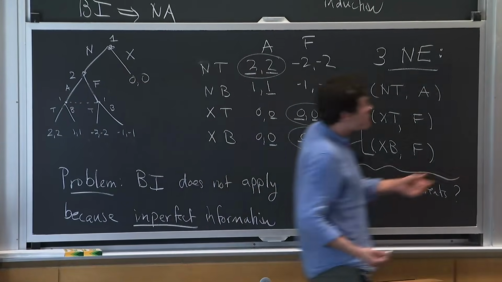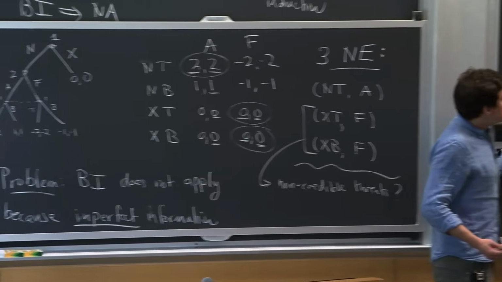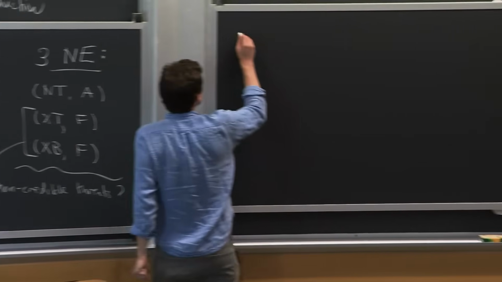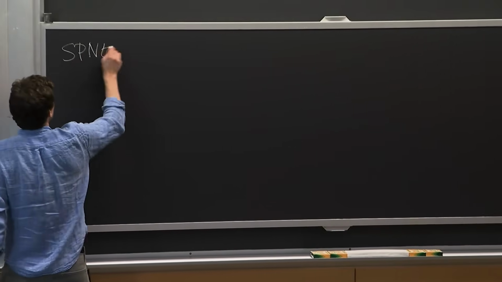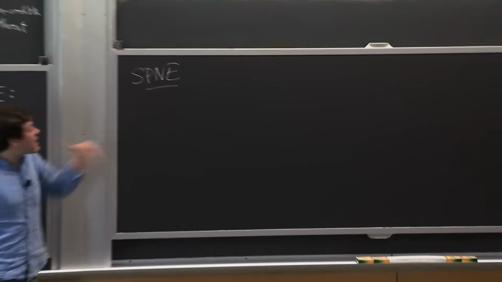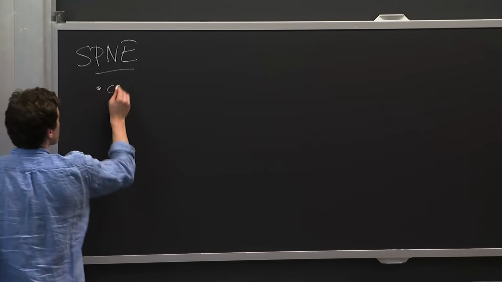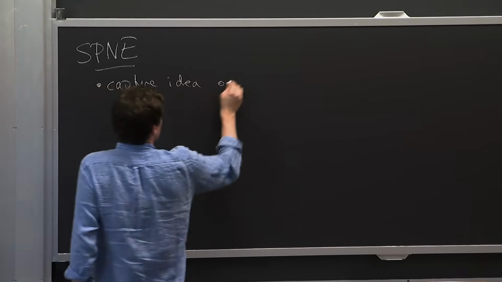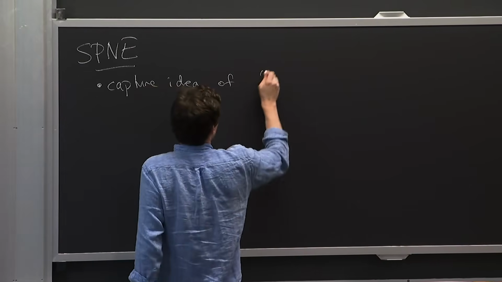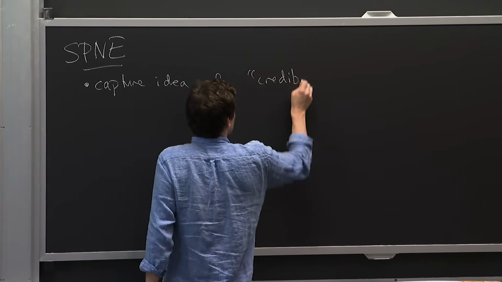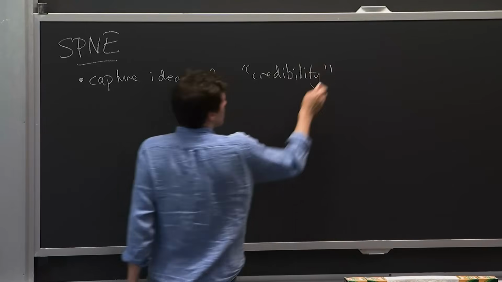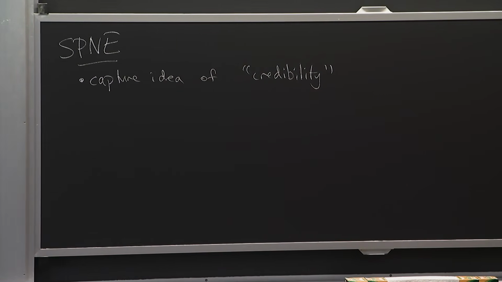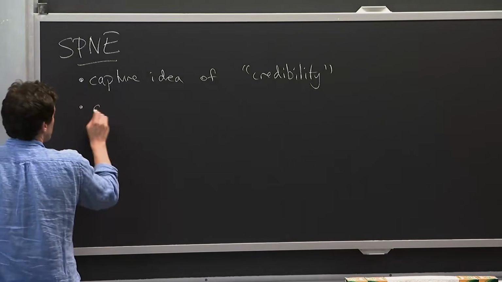So the plan for today is to introduce a new solution concept of SPNE, which I wrote up here, Subgame-Perfect Nash equilibrium, that is going to capture, so we'll say this in words, the idea of credibility, but it will apply to a larger class of games than backward induction did.